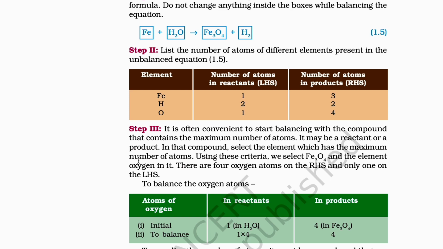There are 4 oxygen atoms on the right hand side and only one on the left hand side. To balance the oxygen atoms: atoms of oxygen initially in reactants 1 in H2O, in products 4 in Fe3O4. To balance, in reactants 1 multiplied by 4, in products 4.